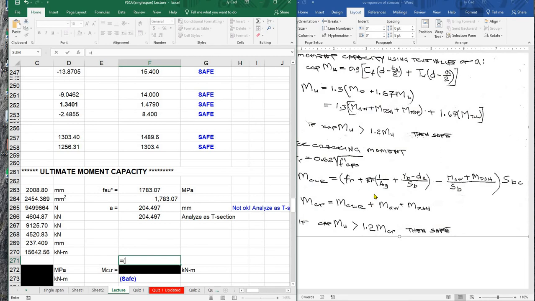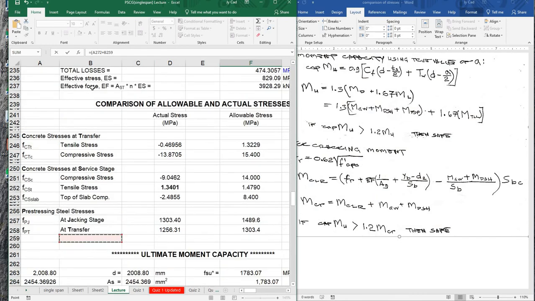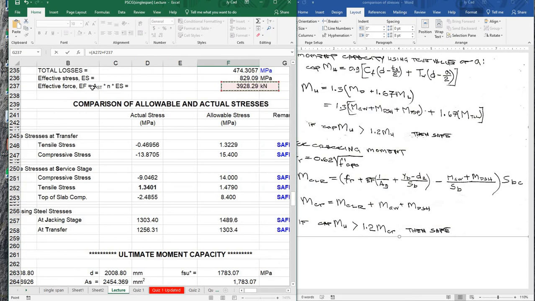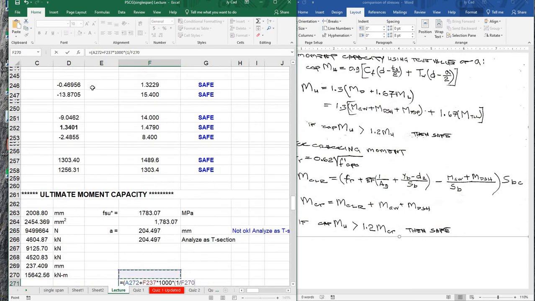So, FR plus EF, effective force, and that is in kilonewton, kaya multiply natin siya ng 1,000 para maging Newton times the quantity 1 all over area gross.